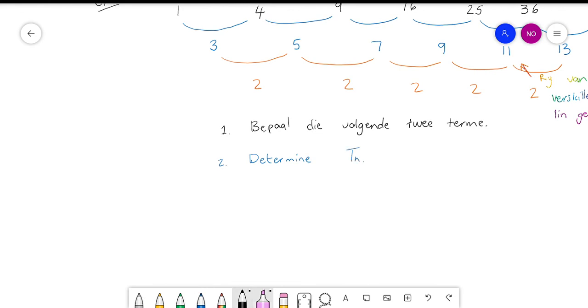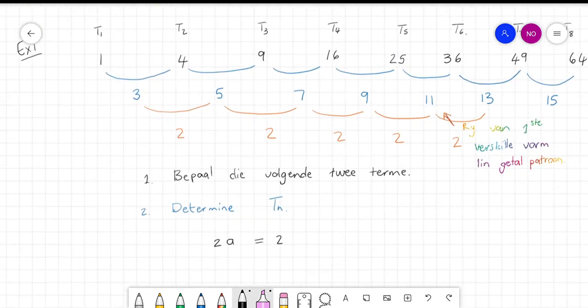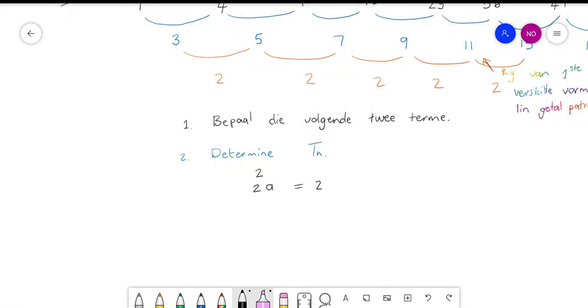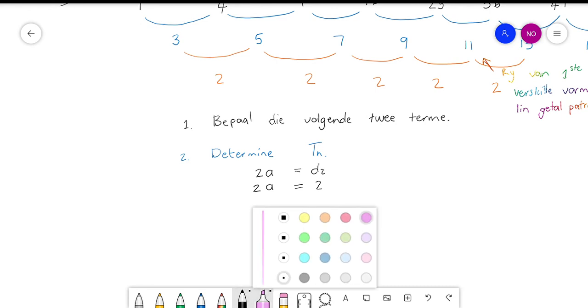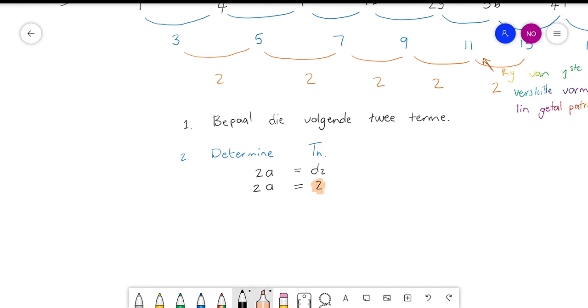So you start off by saying 2A is equal to 2. And I'm going to show you where I got that 2 from. That will always be whatever value the constant second difference is.